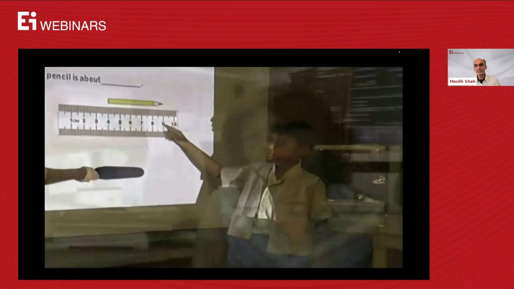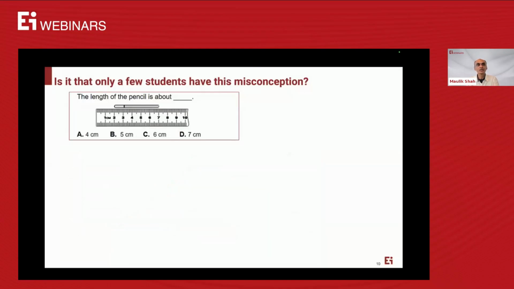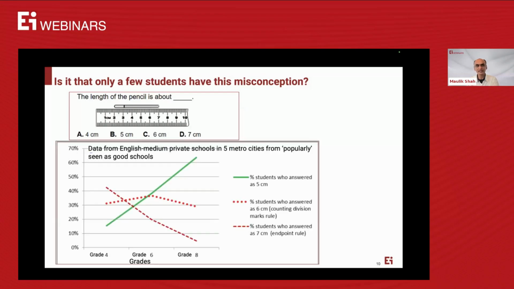So we saw that students who are answering as 6 centimeter have a strong rationale behind it. It's not necessarily a careless error or a slip. Is it that only a few students have this misconception or alternate belief? Not necessarily.